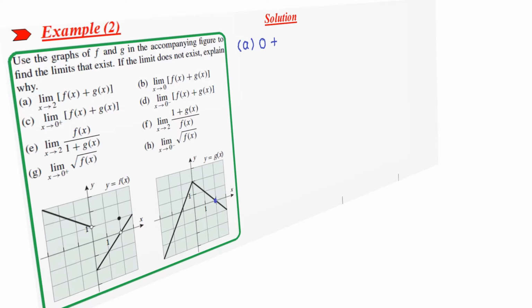So limit g of x when x goes to 2 equals to 0 also, and 0 plus 0 equals to 0.